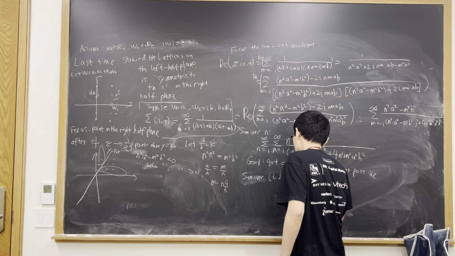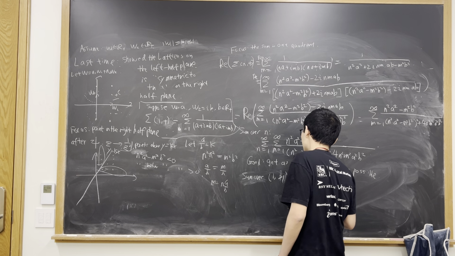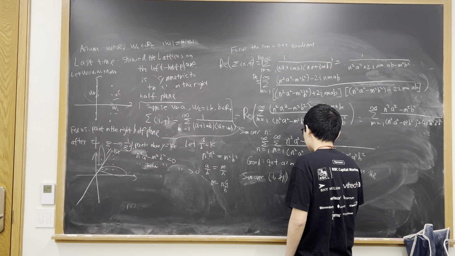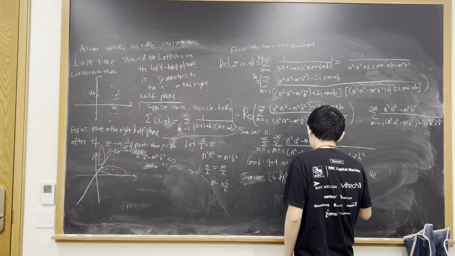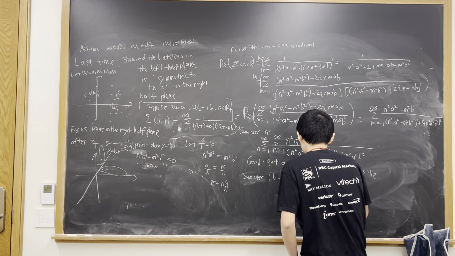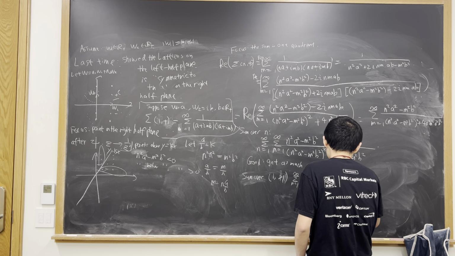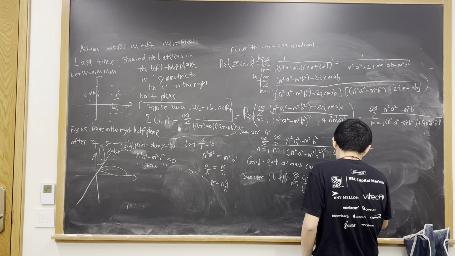So with n equal to 1, I get the summation over m from 1 to infinity of a squared minus m squared b squared over the same thing, a squared minus m squared b squared, plus 4m squared a squared b squared.